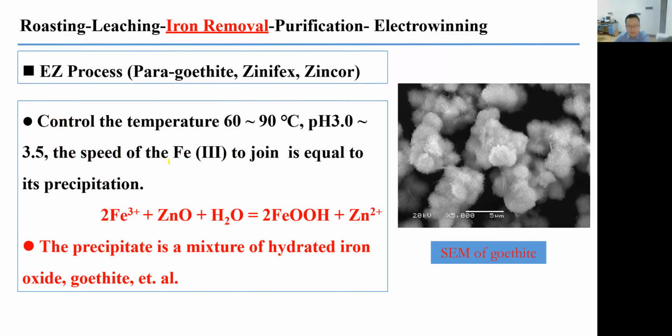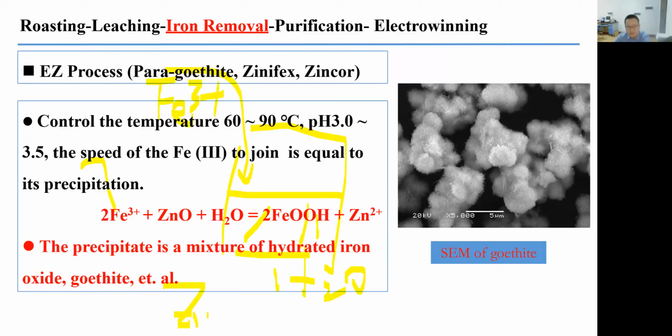And the paragoethite process is another one. We have 1 tank. We are pulling some solution that contains some ferrous, and this is a clean tank with only some water and some zinc sulfate solution.